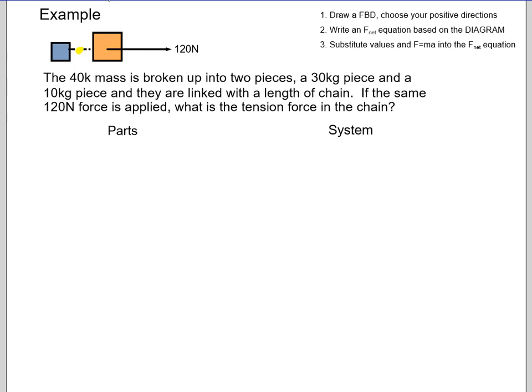So I have two columns here called parts and system. If I look at parts, here's the small box in the back, which is the 10 kilogram box. The forces that act on the 10 kilogram box: we can agree there's an F normal and an FG, but we've already talked about how we expect those to cancel because there's no information about this box jumping off the ground or flying around or anything.